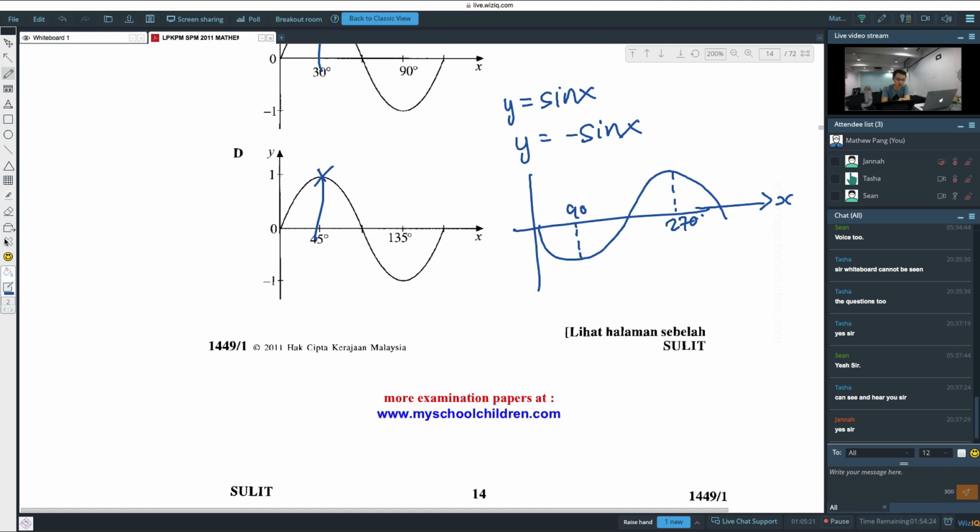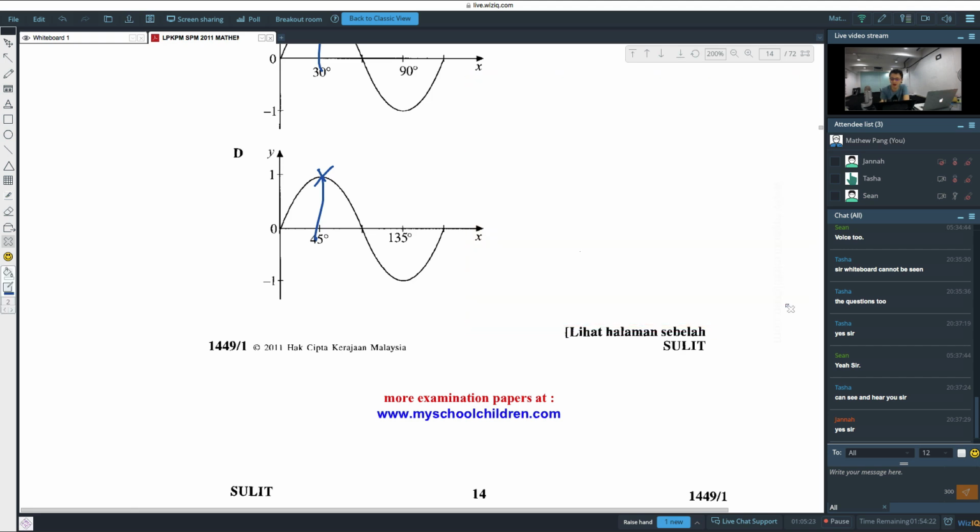And then one more thing, which is when y equals sine 2x. What happens when y equals sine 2x? Sine 2x actually means that in 360 degree itself, you should have 2 cycles.